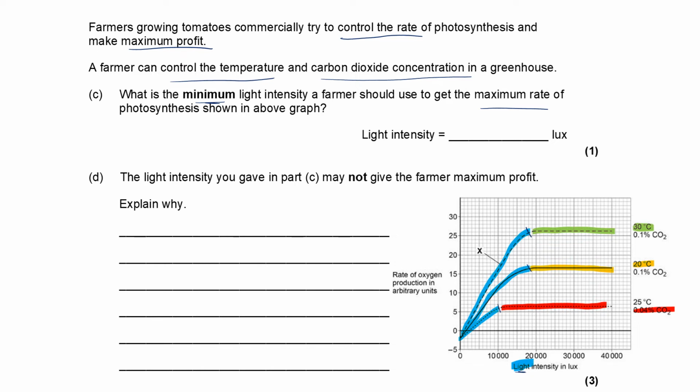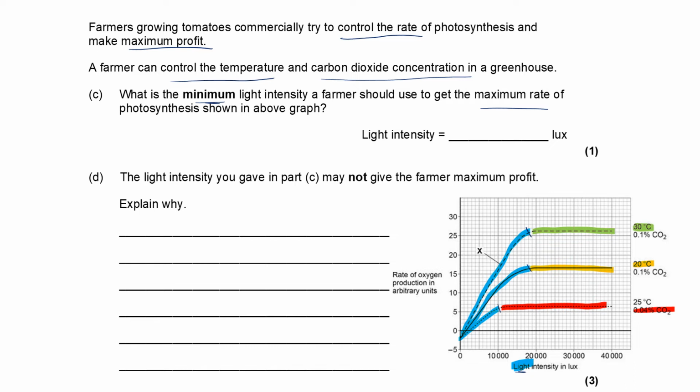And I can see that the maximum light intensity must be 20,000, because at that point I can see that in order to get the maximum rate of photosynthesis, and they've told me that the farmer can control the carbon dioxide and temperature.